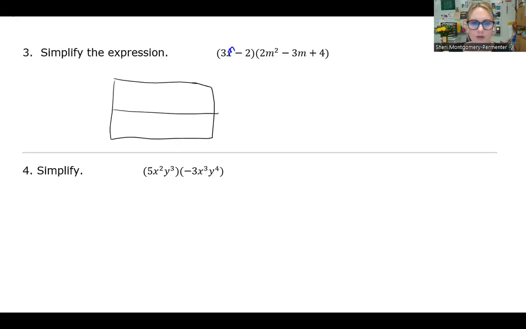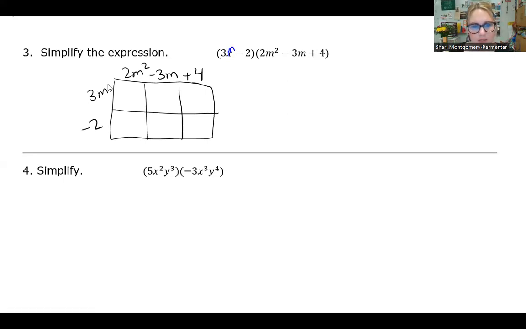So I'm going to have my box. I have 2m squared minus 3m plus 4, and then 3m minus 2. So as I distribute these in here, I have 3 times 2 is 6, and then I count the exponents. 2 and 1 make 3.